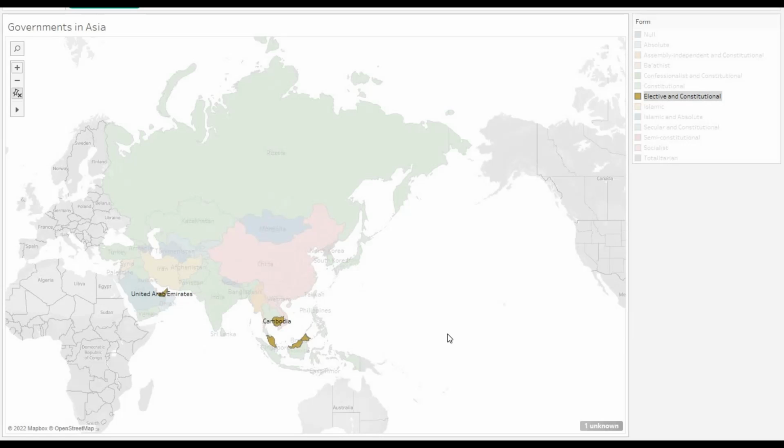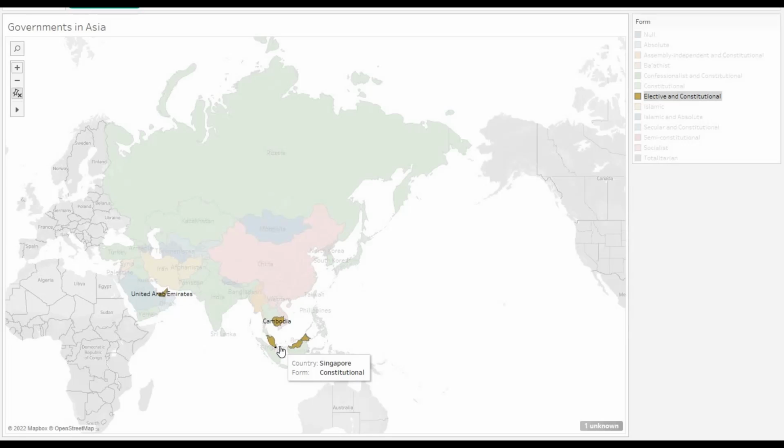Here elective means the monarch is not selected based on heredity; rather the monarch is elected by a certain group of people in the country, and not by all the citizens. So Cambodia has an elective and constitutional monarchy. It means the monarch is elected by a certain group of people and needs to function within the limits of the constitution. The same applies to Malaysia.